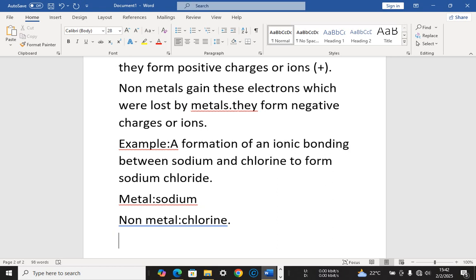So what happens when sodium loses its electrons? It can be referred to as having a noble gas structure, and also chlorine at the same time.